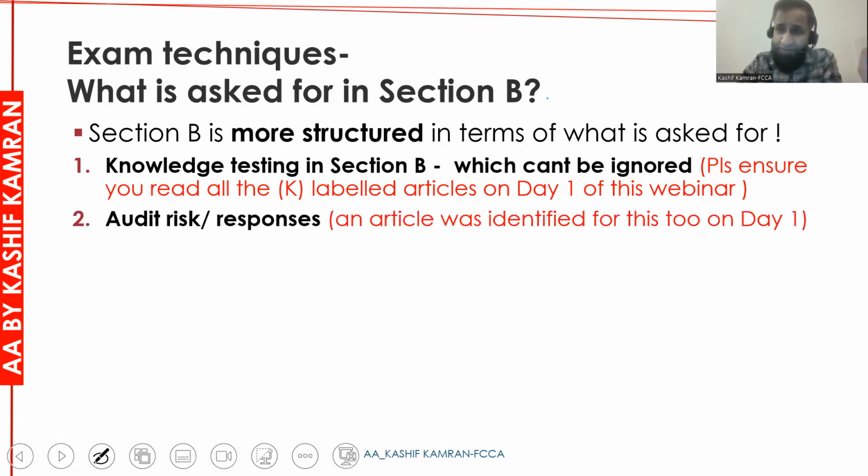Audit risk and responses, that's a favorite area of your examiner. Sometimes asking you for 6 audit risks, sometimes 5, sometimes 8. Sometimes the examining team do ask you to calculate 3 ratios and give results of the ratios and so on and so forth. But if you've done the 30 questions on constructed response, you must be familiar with the type of question you get on audit risk. There is an article on audit risk as well.